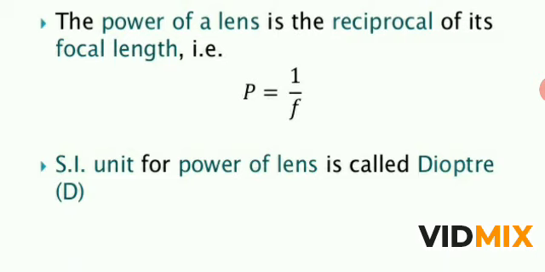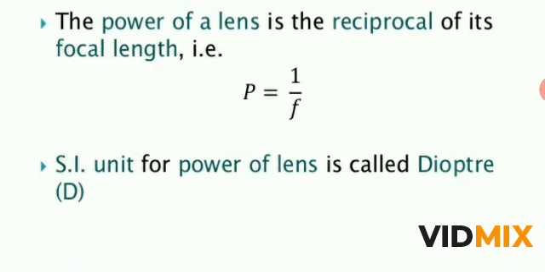One thing more: the power of the lens may be positive or negative depending on the focal length of the lens. The focal length of a convex lens is positive and the focal length of a concave lens is negative. So the power of a convex lens is positive and the power of a concave lens is negative.